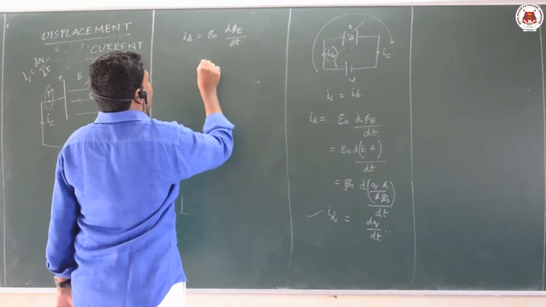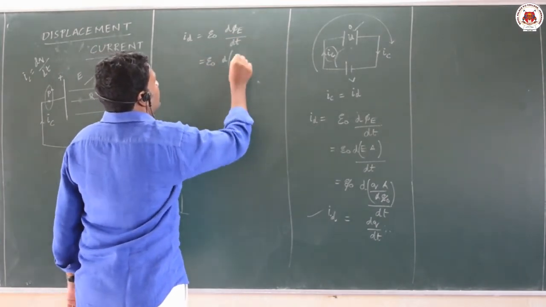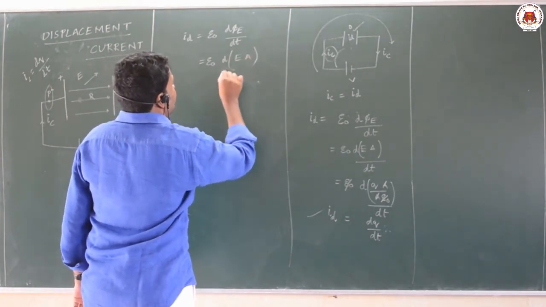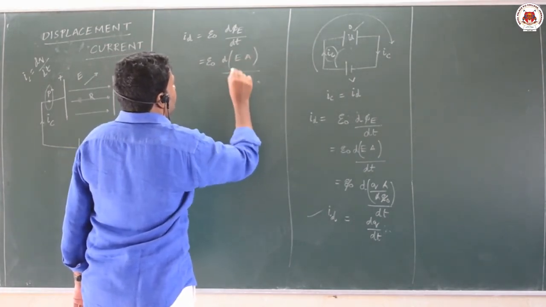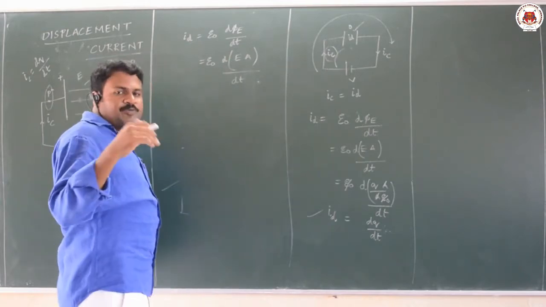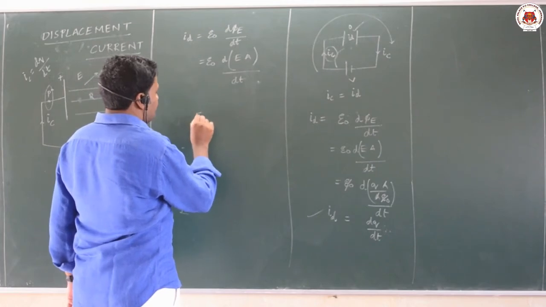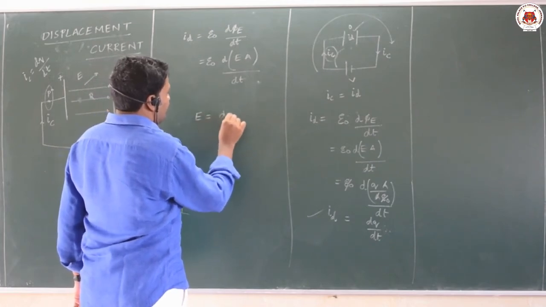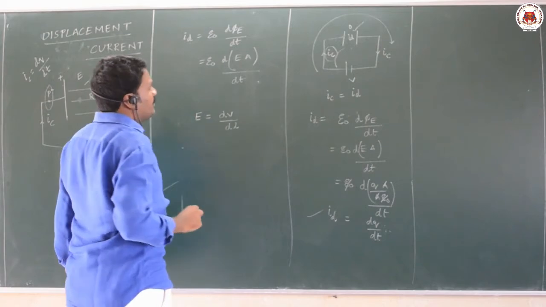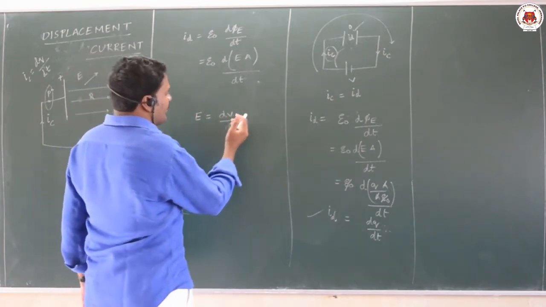Okay, this you can write epsilon naught d of E into A by dt. This E is the negative gradient of potential. So I can write E is equal to dV by dl, or dV by dl you can write.